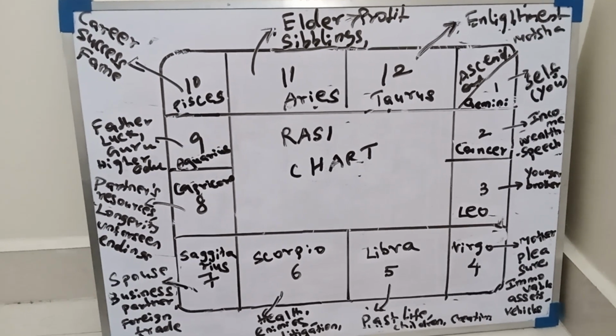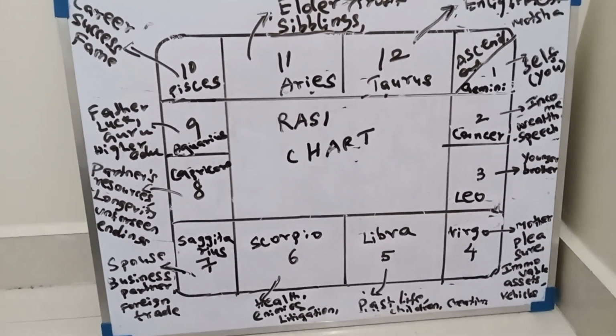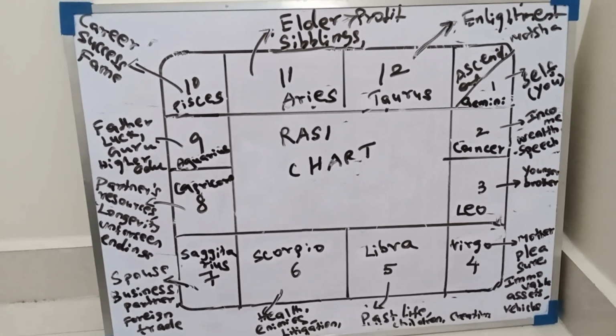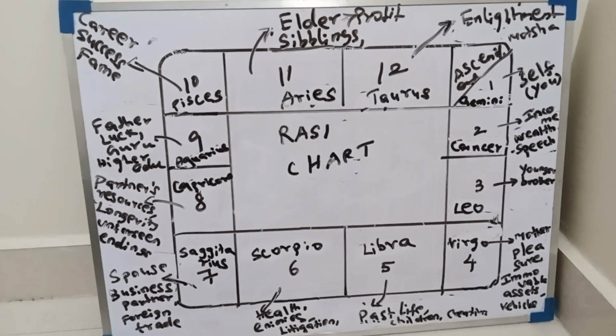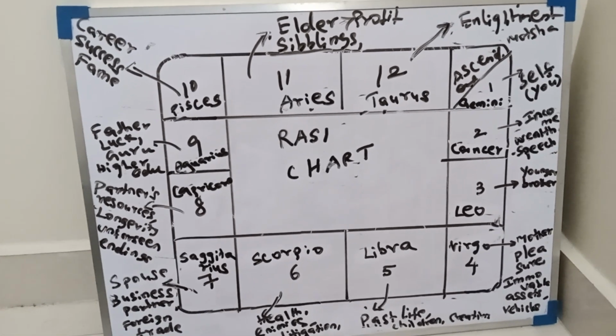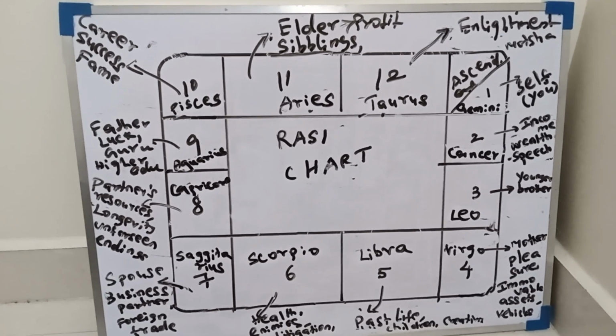So, you see that each of these houses denote every aspect of life, what a person is denoted with, and what he is going to benefit out of it, what are the derivatives that he is blessed with.